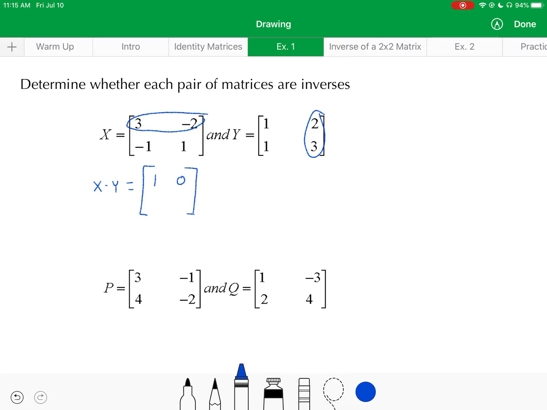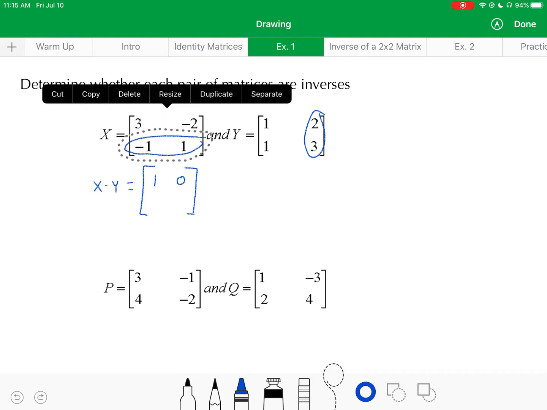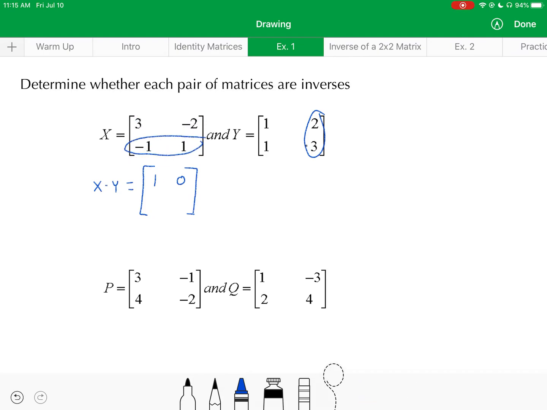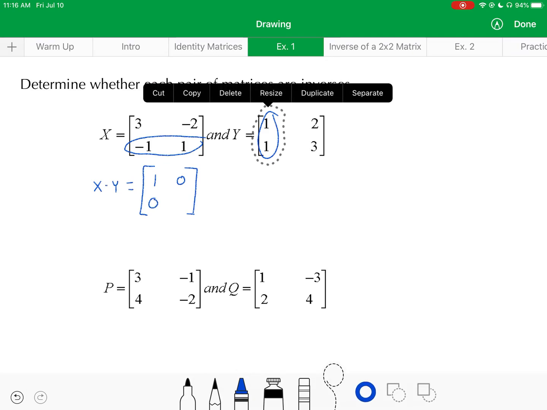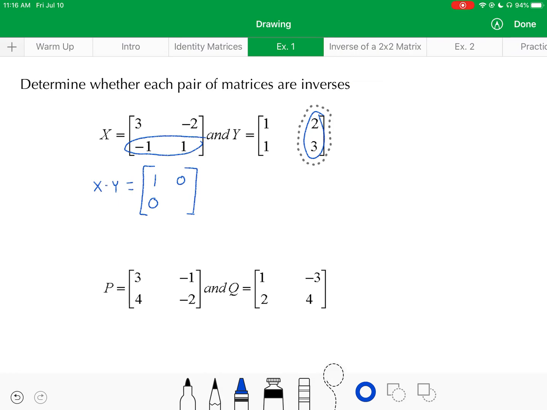And then second row and first column elements, -1 times 1 added with 1 times 1 would give me 0. And finally, second row, second column elements, I'd end up with -1 times 2 added with 1 times 3. That's going to give me 1. So notice I am getting the identity matrix here.